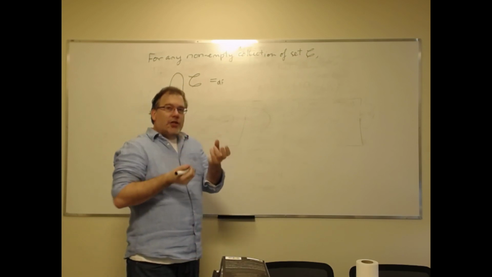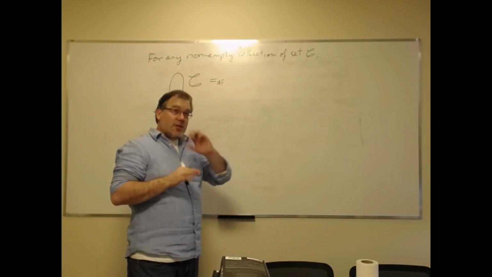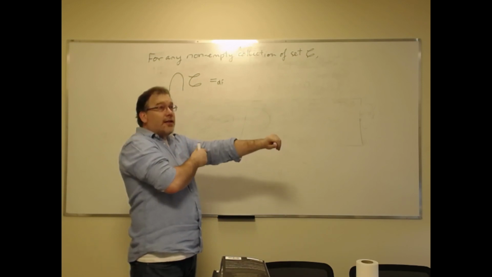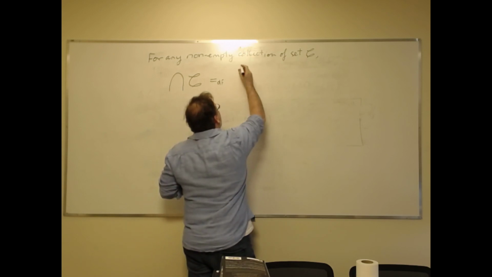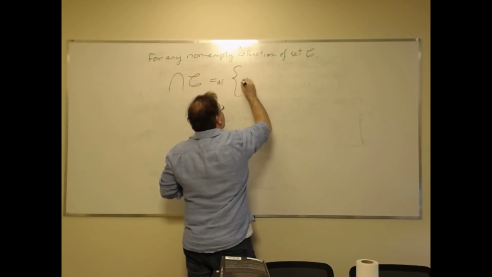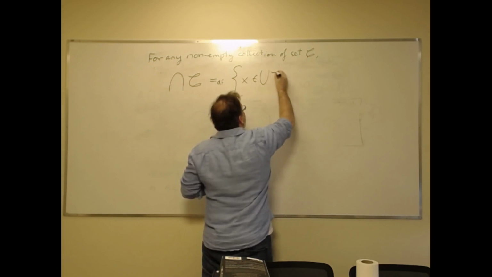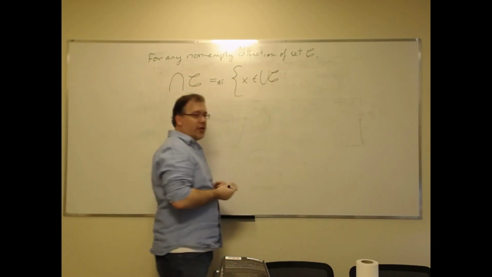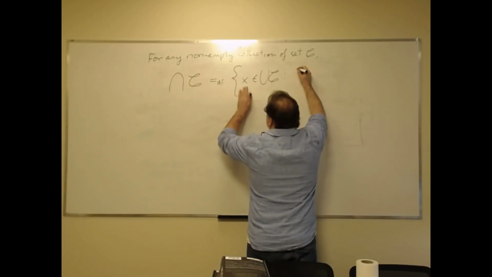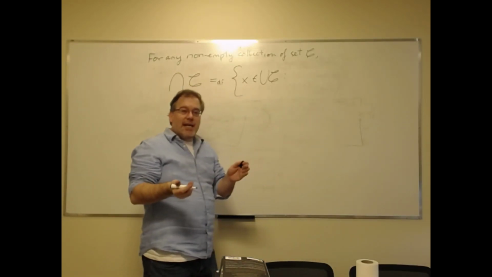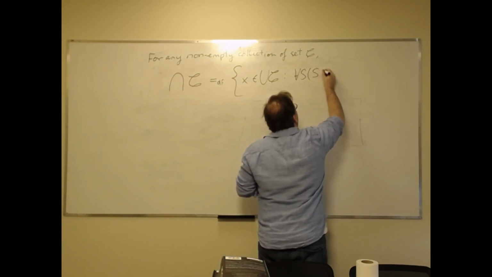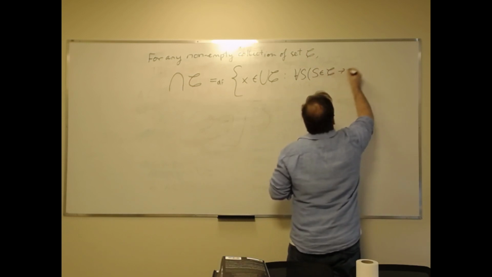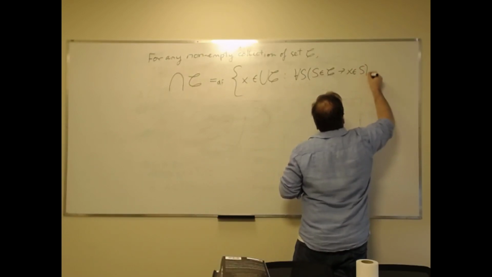Now, just like the binary intersection is a subset of the binary union, the arbitrary intersection is going to be a subset of the arbitrary union. So the set we're going to separate is going to be the union set of the collection. But it's going to be the one such that X belongs to every set in the collection. So for all S, if S is a set in the collection, then X belongs to S.